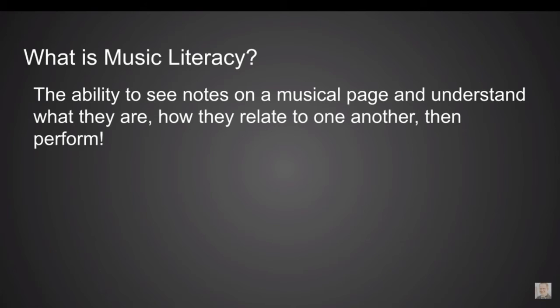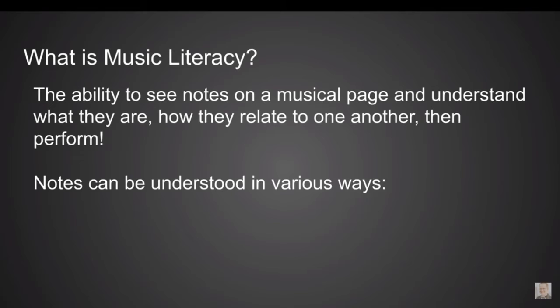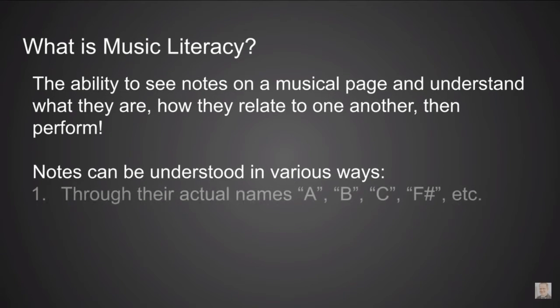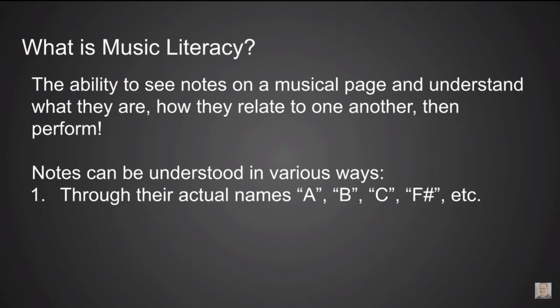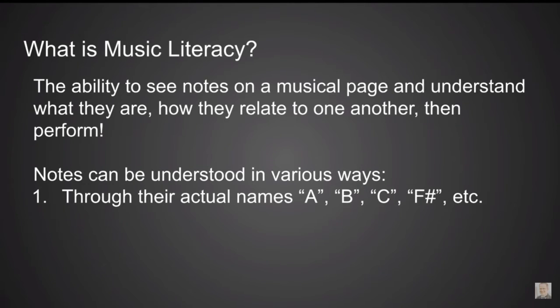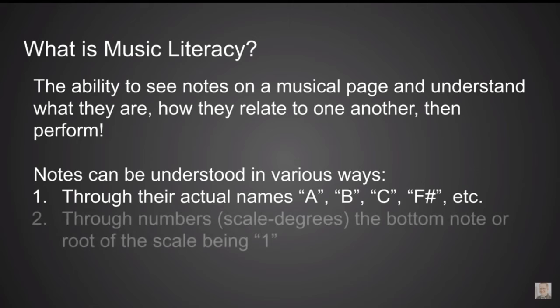Notes can be identified in multiple ways in music. Each is important. Number one, notes can be identified through their note names. For example, A, B, C, F sharp, B flat, etc. Another way to identify notes is through labeling them by scale degrees. For example, the bottom note of a scale would be 1. The second note up would be 2.